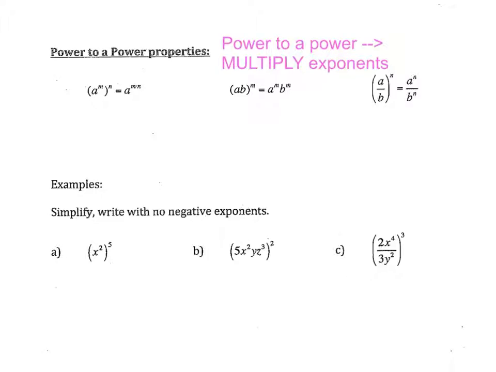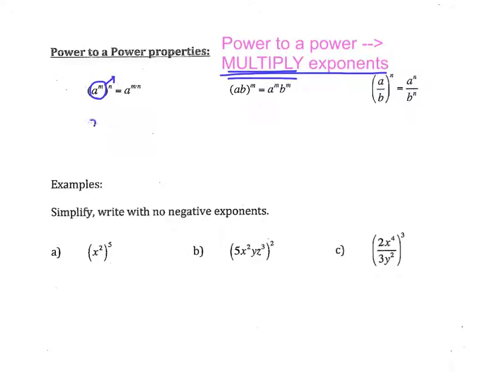Okay, and then the last rule is when a quantity is being raised to a power. A quantity with an exponent is being raised to another exponent. So you have something in parentheses raised to a power. In that case, the exponents are multiplied. That's called a power to a power. So power to a power, you multiply.